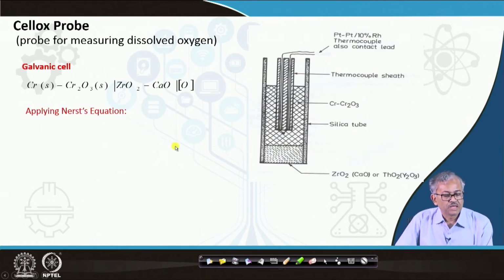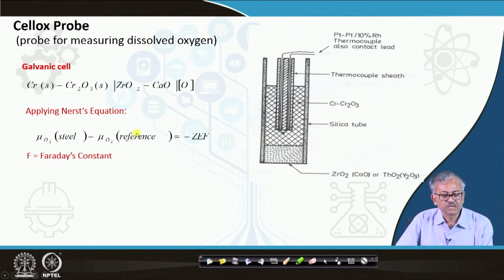Then if you apply the Nernst equation, you can write that current will flow when there is a potential difference, that is, the chemical potential of oxygen in the liquid bath and the chemical potential of oxygen in the chromium oxide system. If the chemical potential of oxygen in the liquid bath is greater than that of the Cr-Cr2O3 system, then the oxygen will move under the potential gradient of oxygen.